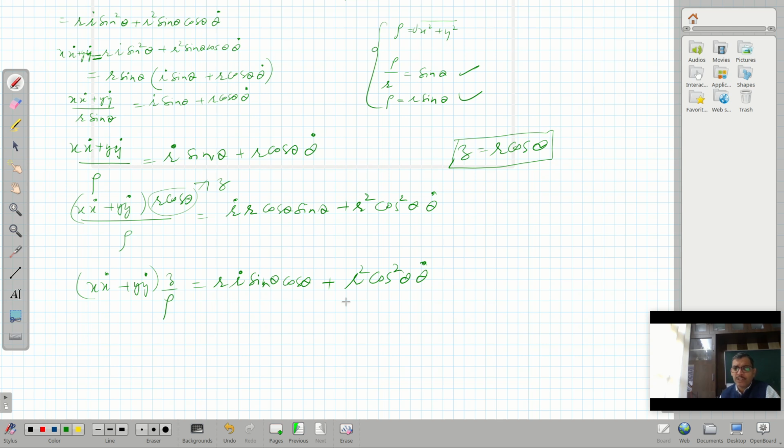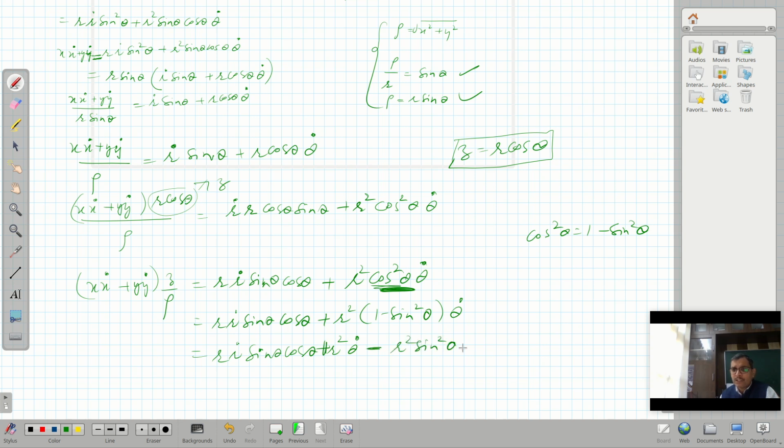So for that what should I do? Say cos square theta is equal to 1 minus sine square theta. So if I put it here, it is r dot sine theta cos theta plus r square, 1 minus sine square theta, and theta dot. So it is r dot sine theta cos theta plus r square theta dot minus r square sine square theta and theta dot.